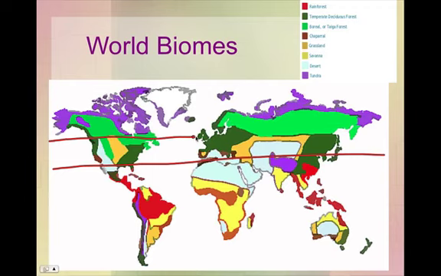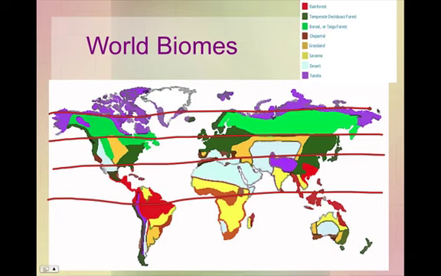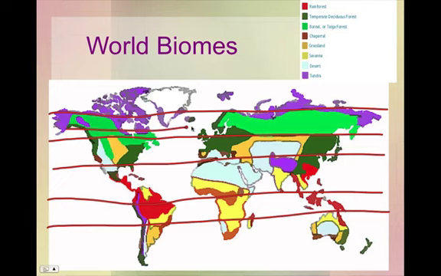So if you look at the picture, if we were to draw in some of those zones, you can see that a lot of the biomes are, if this were the round world, consistent across that particular area.